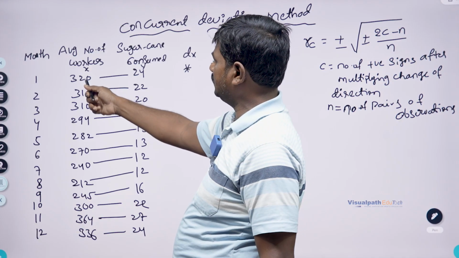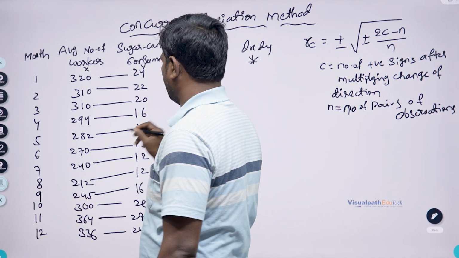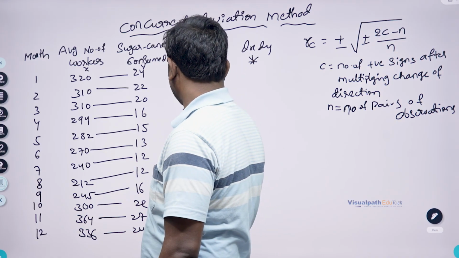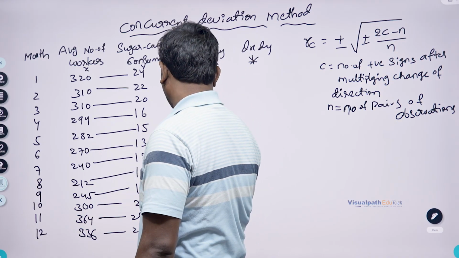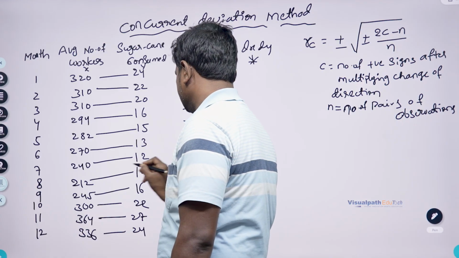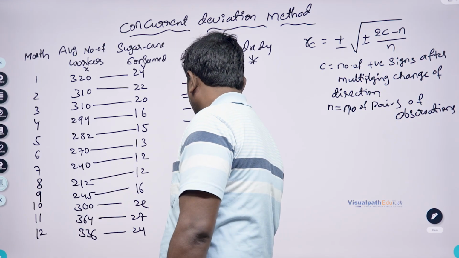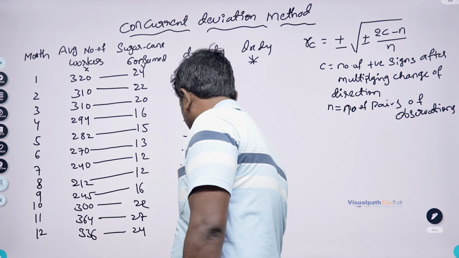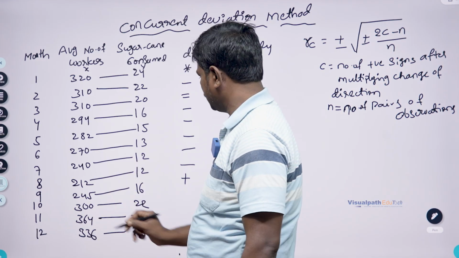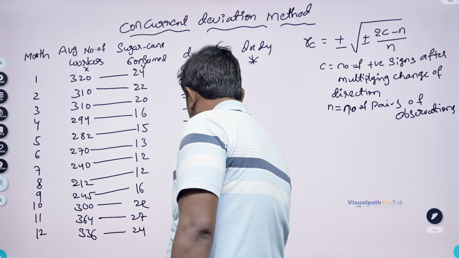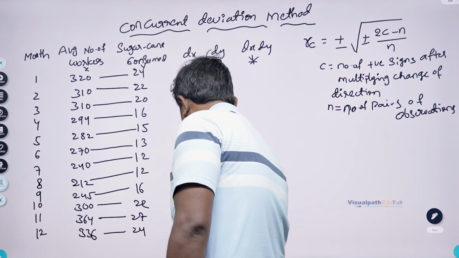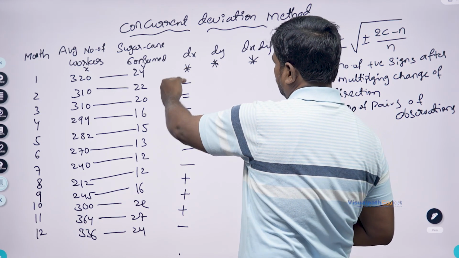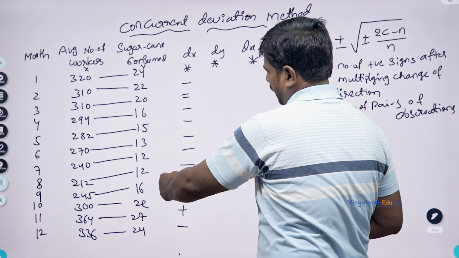Coming to the second year, 320 to 310 decreased, minus. 310 to 310 is the same. 310 to 294, minus. 294 to 280, minus. 280 to 270, minus. 270 to 240, minus. 240 to 212, minus. 212 to 245 increased, plus. 245 to 300, plus. 300 to 364, plus. 364 to 336, minus. Similarly, we count the observations, 1 to 12. Done.